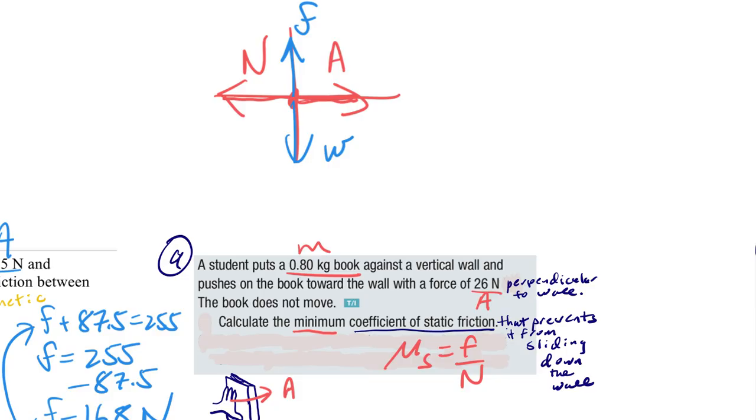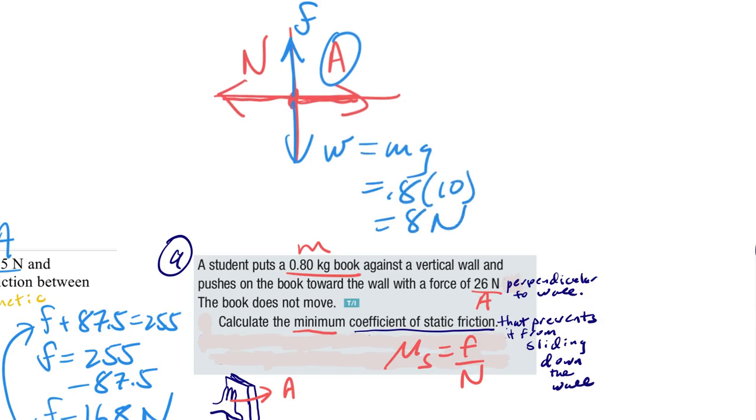So I'm at the point where if I pushed it any lighter, if I had any smaller applied force, it would start slipping. So what do I know? I know the weight of the book, mg. That's 0.8 times 10, that's 8 newtons.